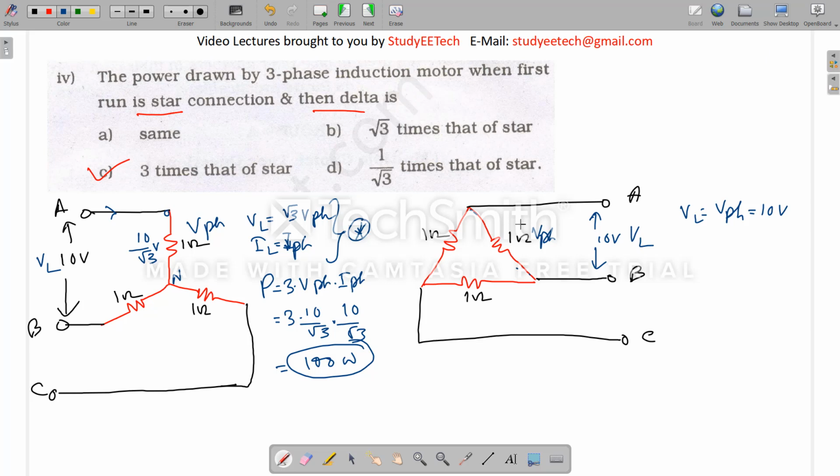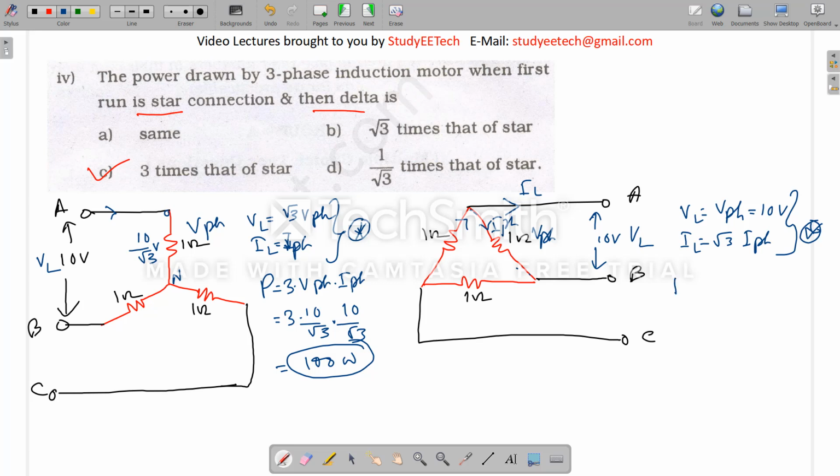But the current will not be the same, because this current is coming and this current is going, so this current will be the line current and this will be the phase current, and the relationship is IL equals root 3 I phase. This is true for delta, and that is true for star. Many times this relationship will be required, remember it forever.